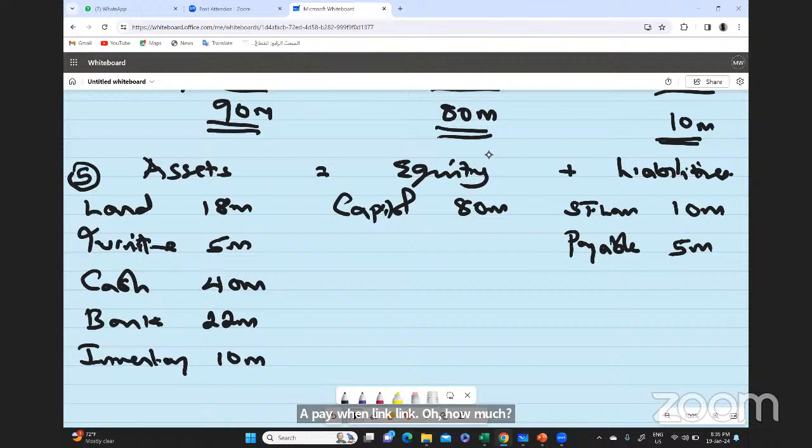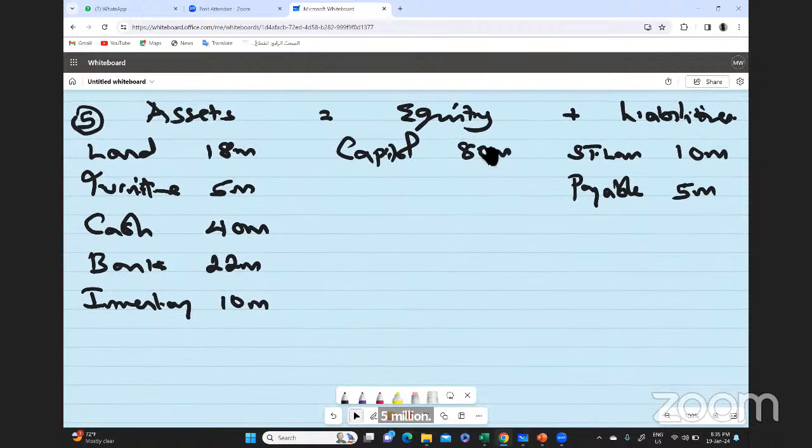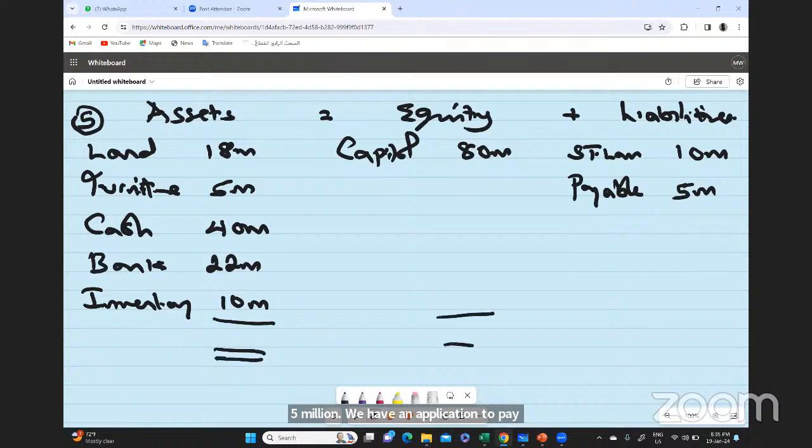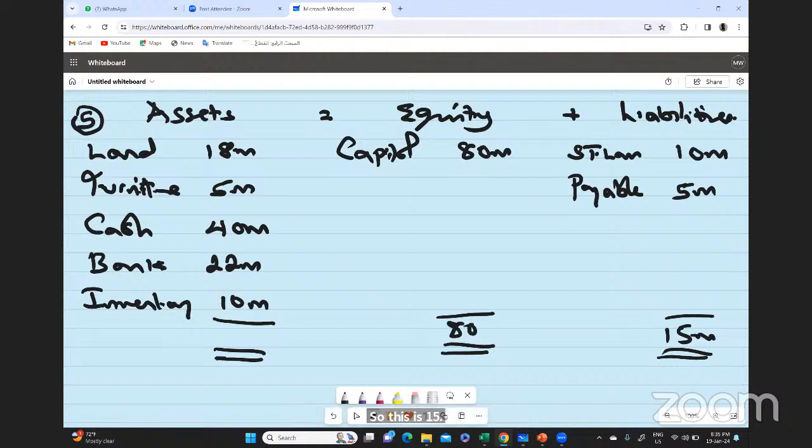Payable is a liability. We have an obligation to pay. So this is 15. And then this is 80. And I'm sure here we shall get 90 what? 95.